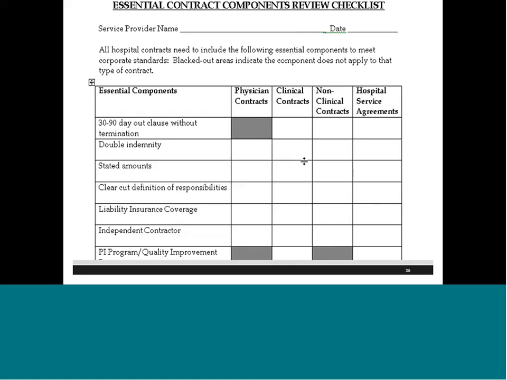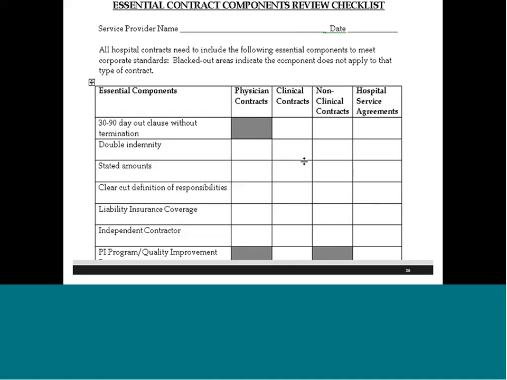Indemnity, I never would sign a contract unless it was a mutual indemnity. And I had people in my organization before I got there that were signing all kinds of things, agreeing to indemnify the other party, which were inappropriate. So for example, in our ED physician contracts, and they were contracted employees, if the doctor got sued for something that the nurse or the hospital did, then we would assume the case and pay the judgment.